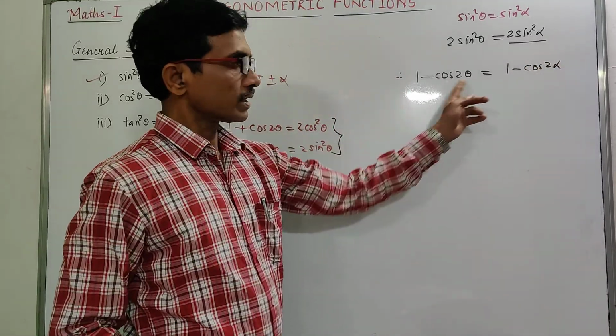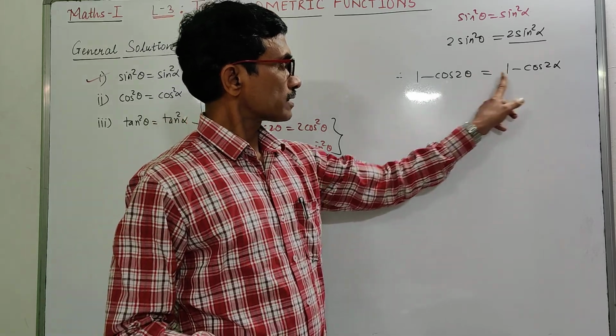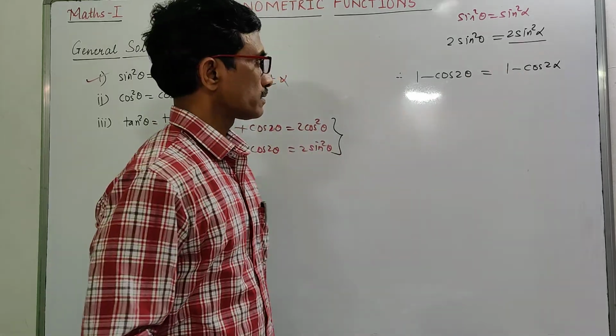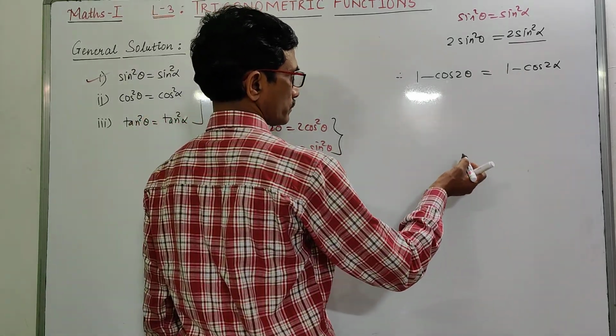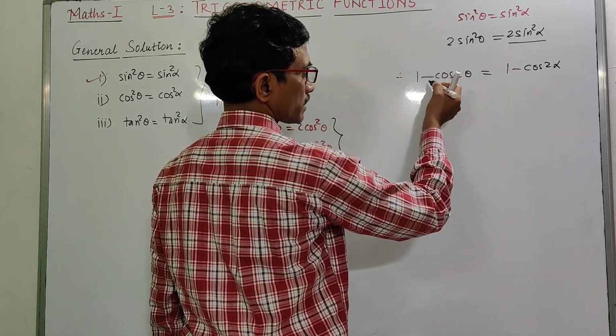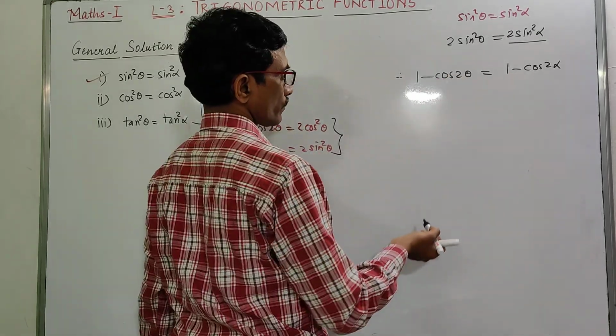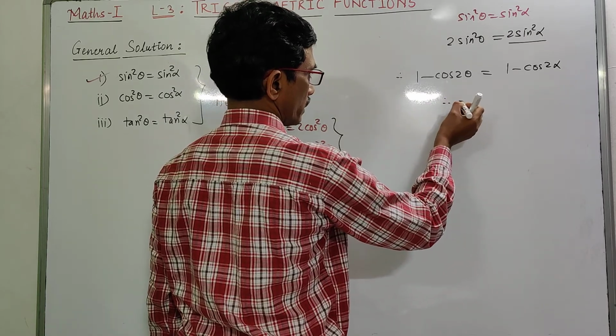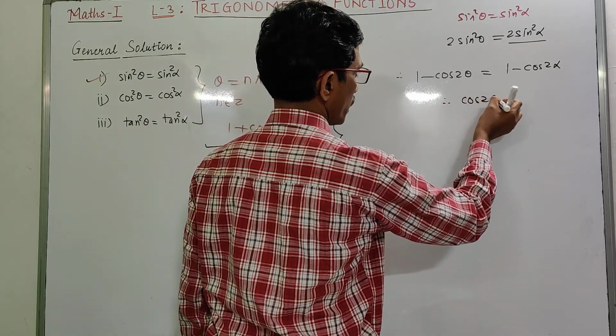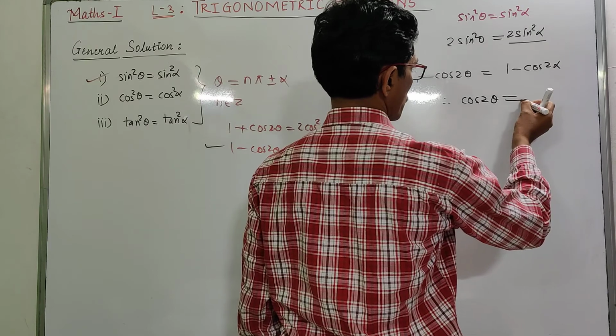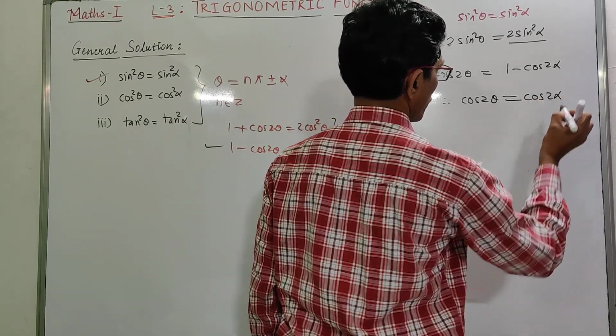So clearly this 1 is getting cancelled, the minus sign and minus sign will again get cancelled, and finally we get cos of 2 theta is equal to cos of 2 alpha.